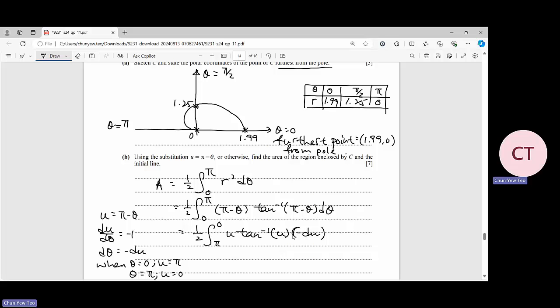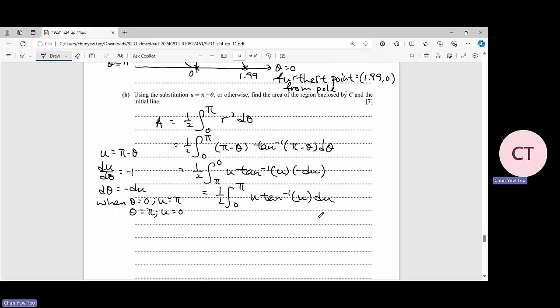Do you see that these two limits are reversed? So the negative will make it back to normal. The negative over here will make it become 0 to pi. Then you can take away the negative.